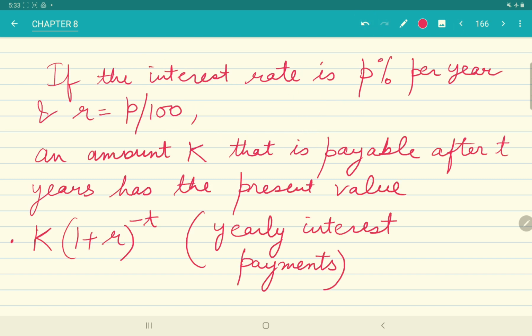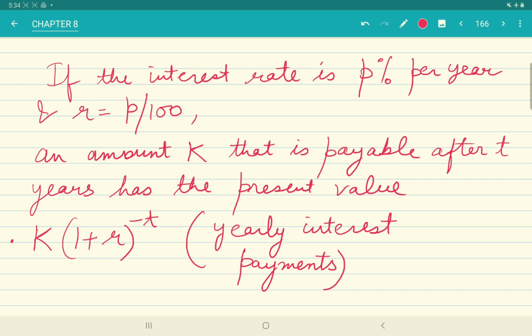So the point to note is that we need to pay an amount K after T years. What is the amount that we have to deposit today so that we can get an amount K after T years, and make that payment?